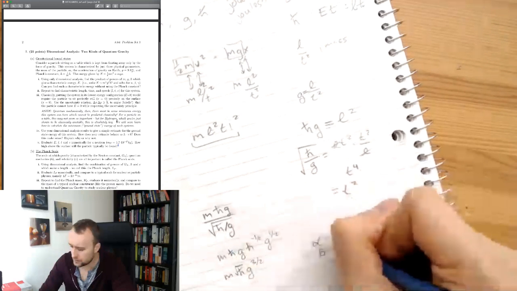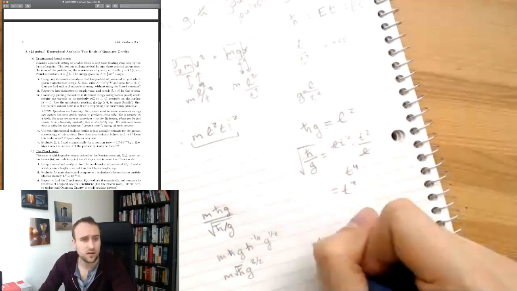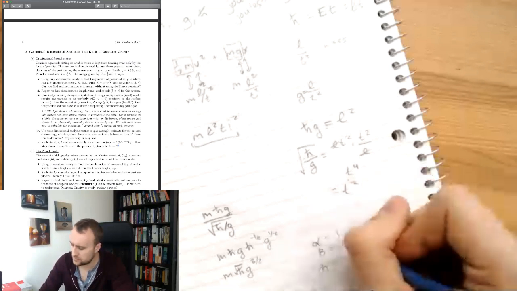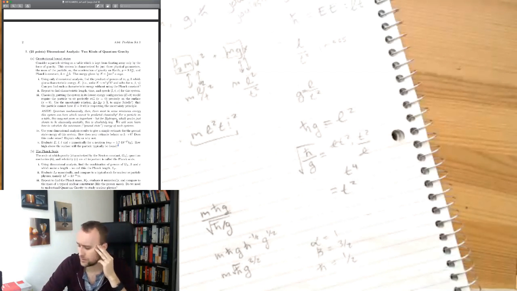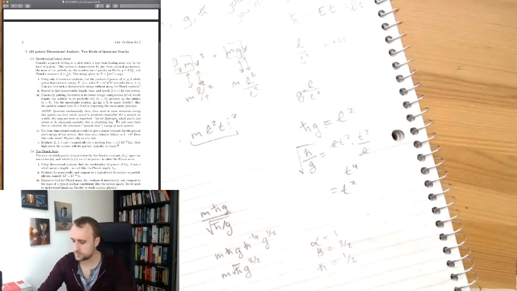Beta is equal to 3/2. H bar is equal to 1/2. This doesn't feel right. I don't feel right about that, but I don't know another way around it. Let me just make sure I didn't do something stupid with my math here.